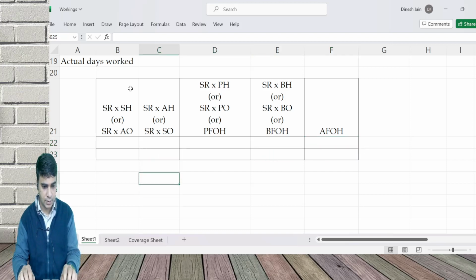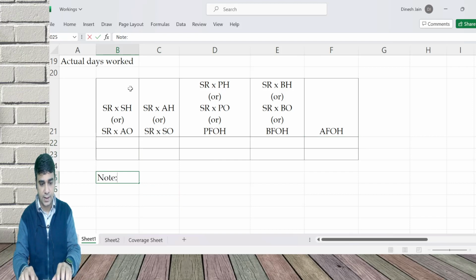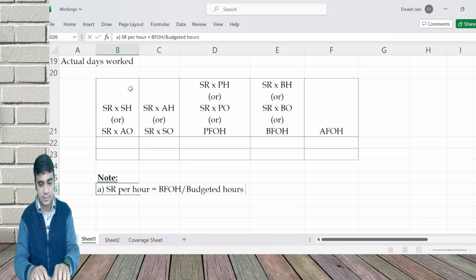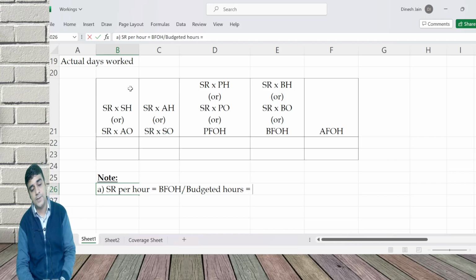Note. First thing, we'll always try to do the SR calculation. SR per hour is equal to budgeted fixed overhead by budgeted hours.